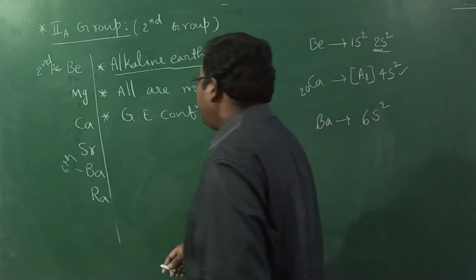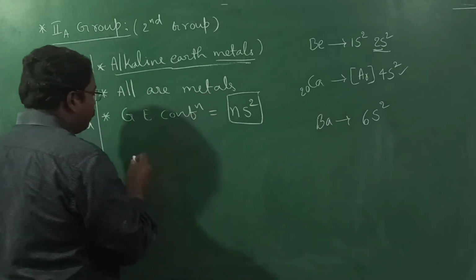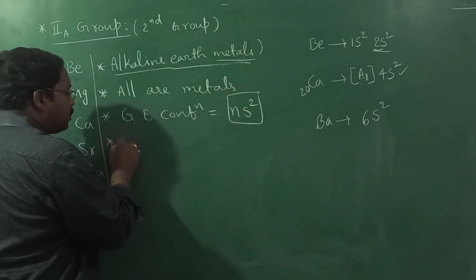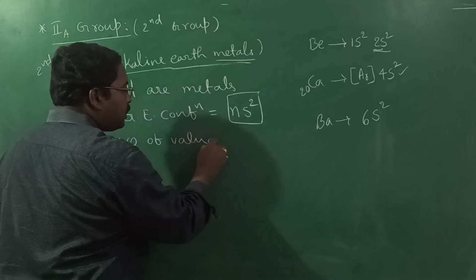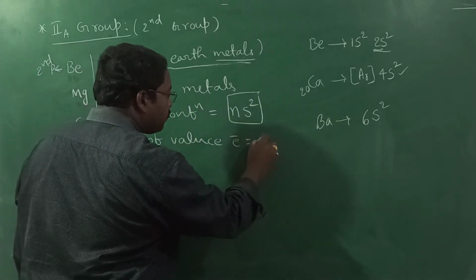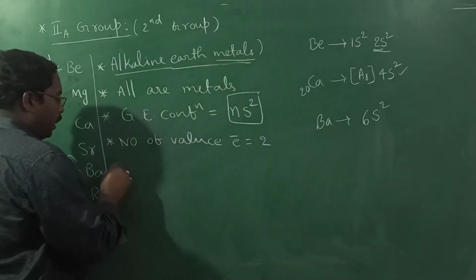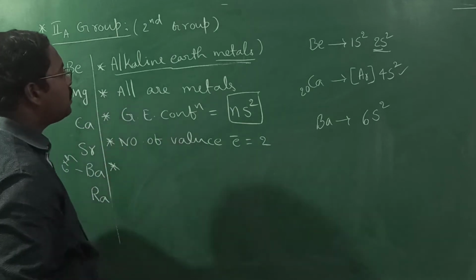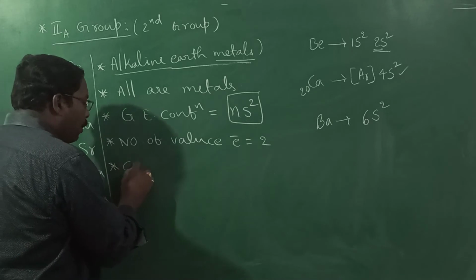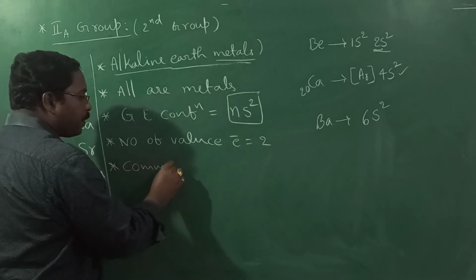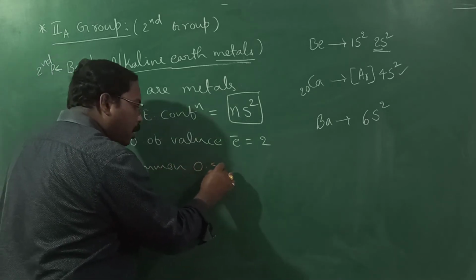Now coming to the other properties. It has 2 valency electrons, so the number of valence electrons is 2. When it has 2 electrons and all these are metals, what about the common oxidation state?